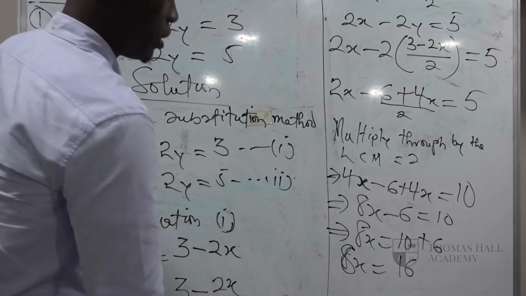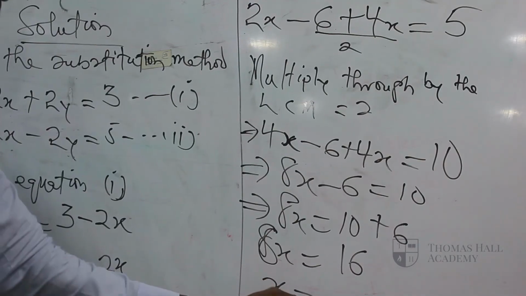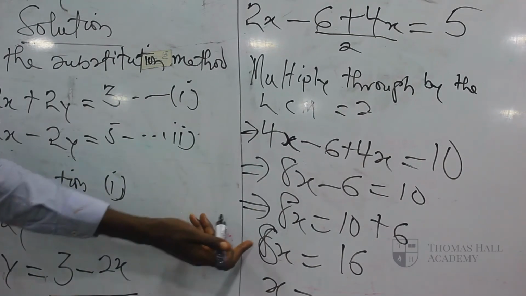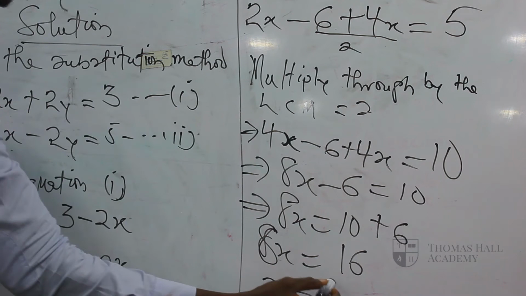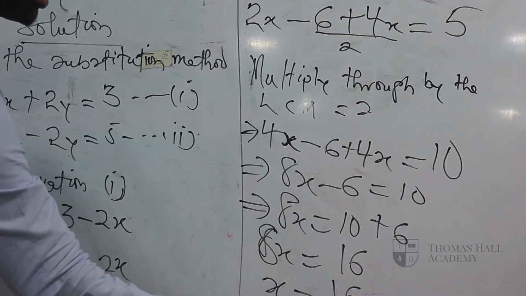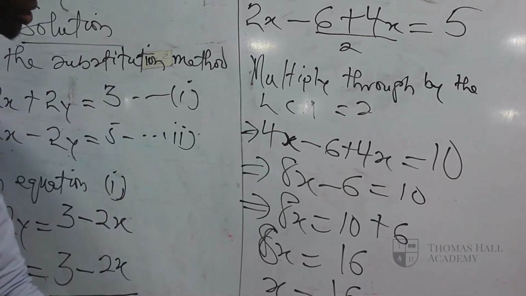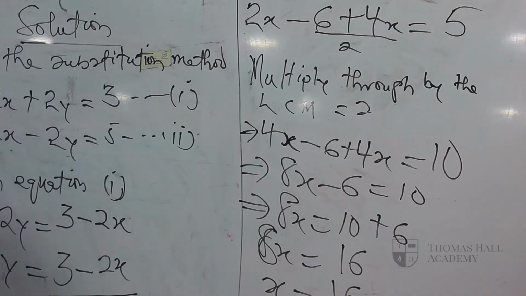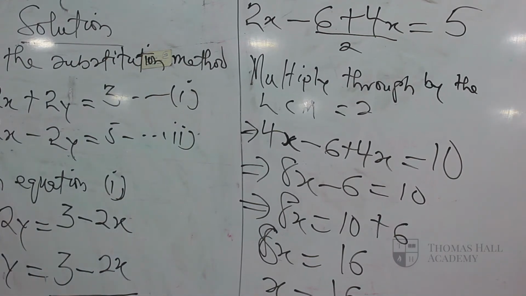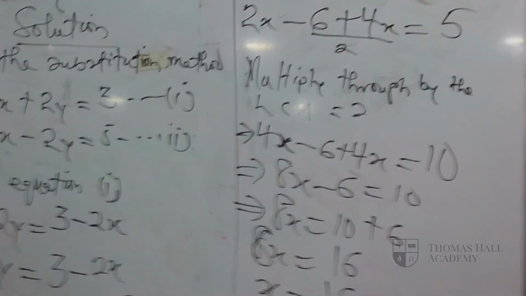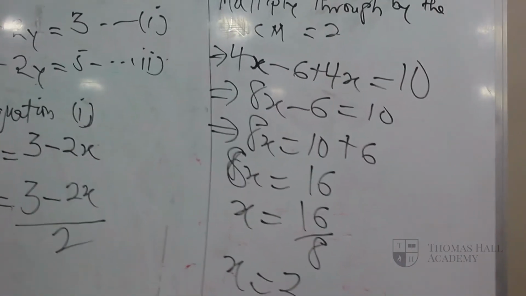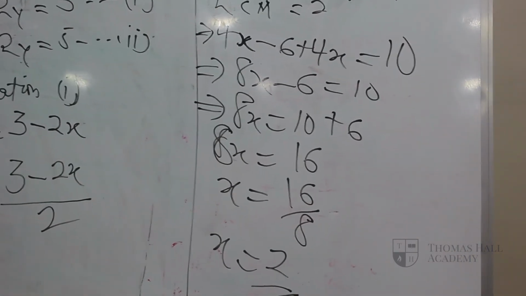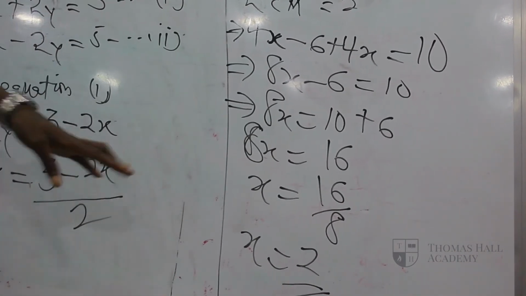Now we look for x, dividing both sides by 8, which is the coefficient of x. x equals 16 all over 8. Then x is 2. We have gotten the value of x now to be 2 using the substitution method.